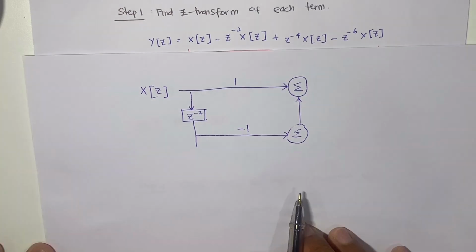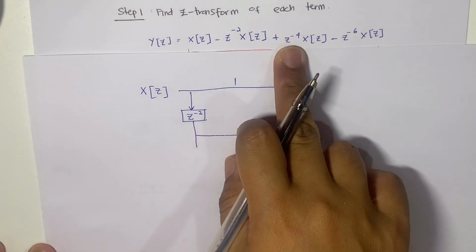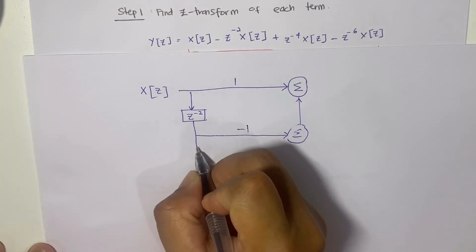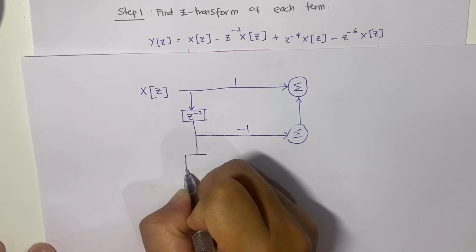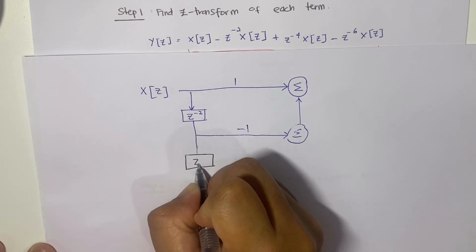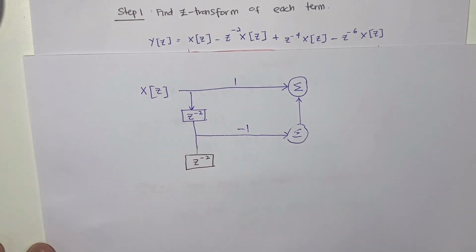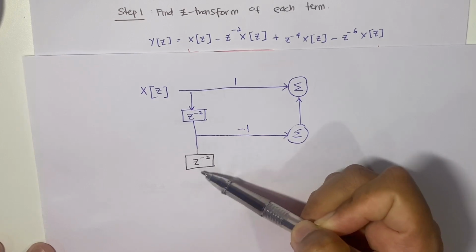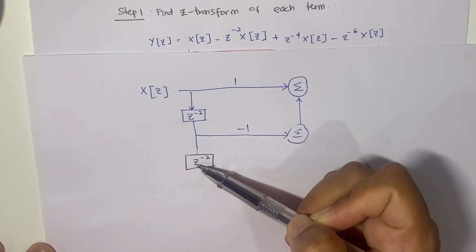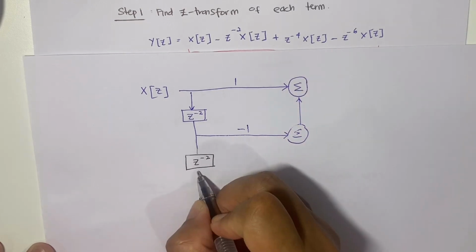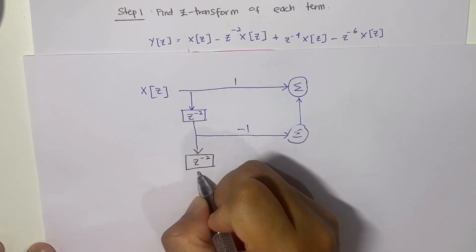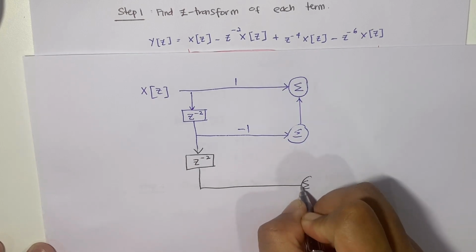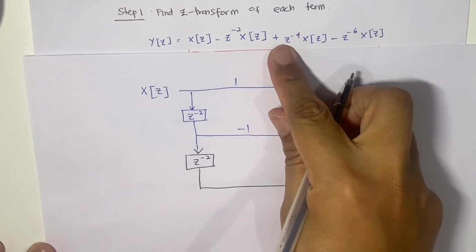Okay, and then you have z to the power of negative 4. Okay, this is z negative 2. Okay, z negative 2 times z negative 2 is equal to z to the power of negative 4 times 1.